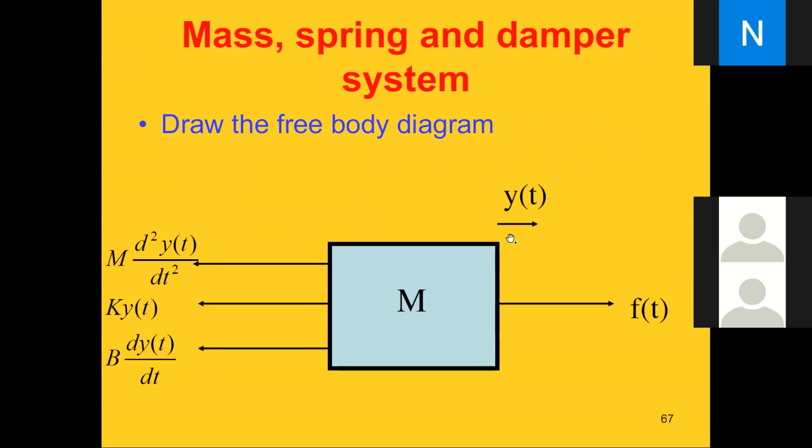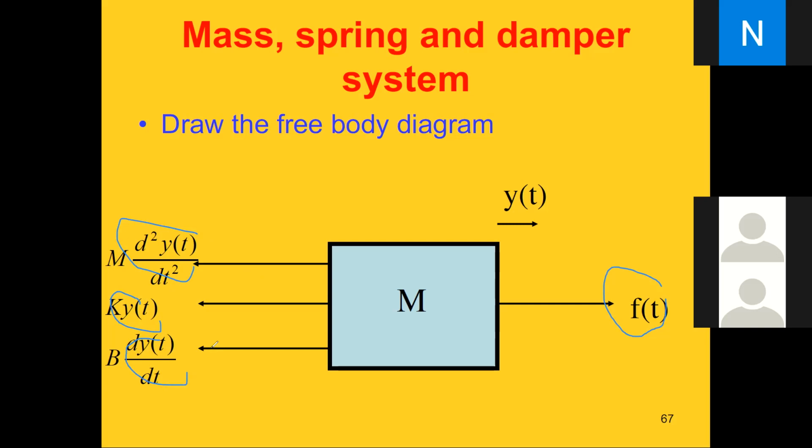So you can write the free body diagram for this system, where when you give a force to the right, you can see that there are three forces opposite to the input f of t, which are the mass, spring, and the damper.